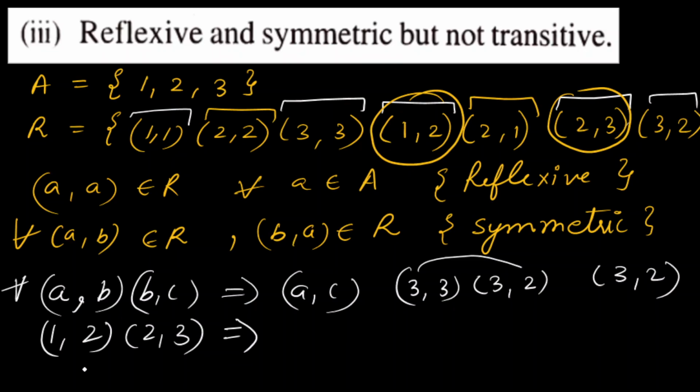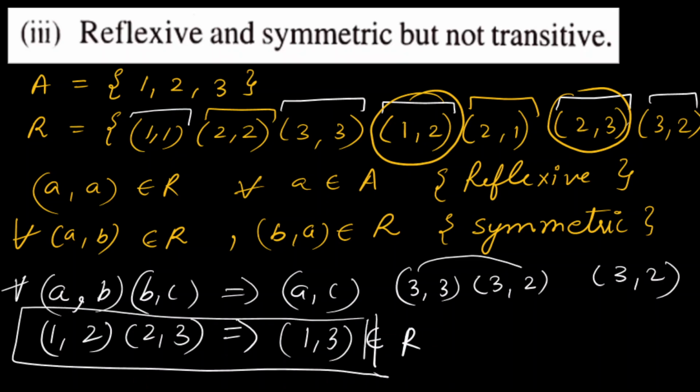For this one you can see (a, c) is (1, 3), and (1, 3) doesn't belong to R. For one ordered pair we got this. If (1, 2) and (2, 3) are (a, b) and (b, c), we can see (1, 3) doesn't belong to R. Therefore we can write this relation is not transitive.